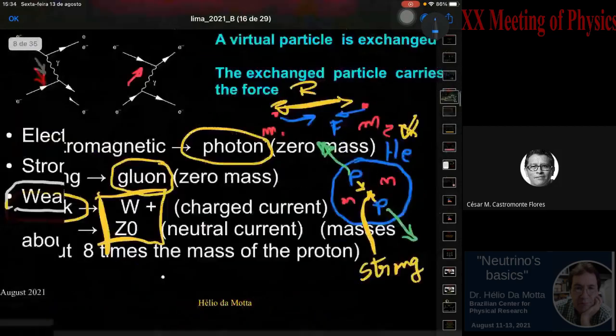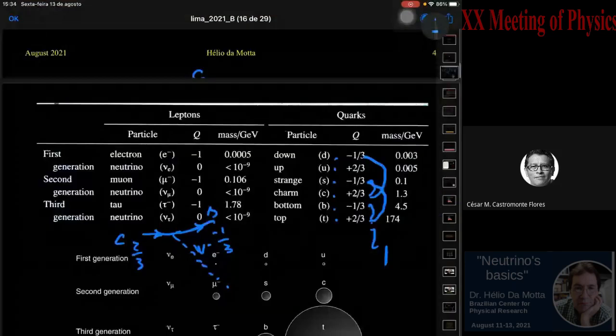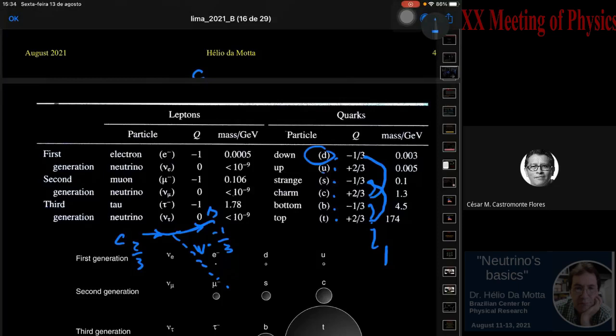Compare the quark D and the quark S. They have the same electric charge, but the mass is very, very different. So that's why they have different families.